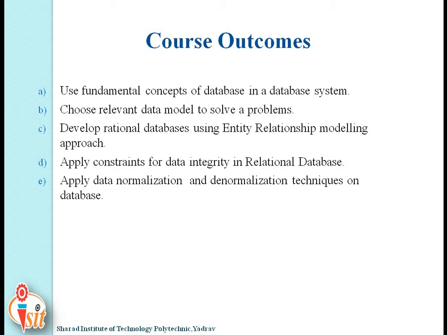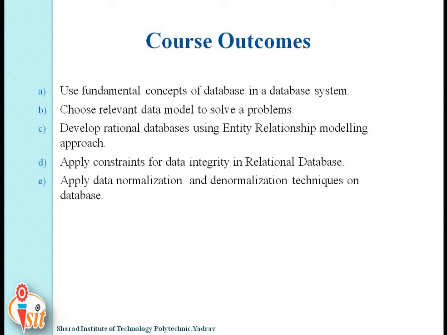Now our aim is to successfully obtain the third course outcome, that is you all will be able to develop relational databases using entity relationship modeling approach.